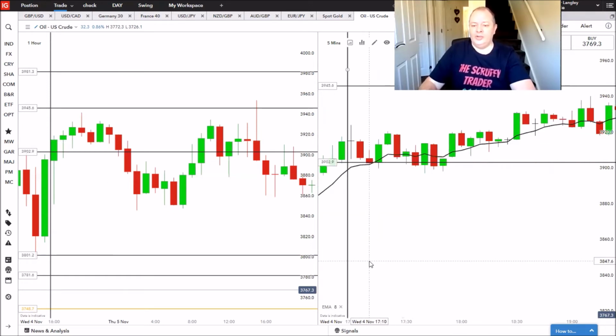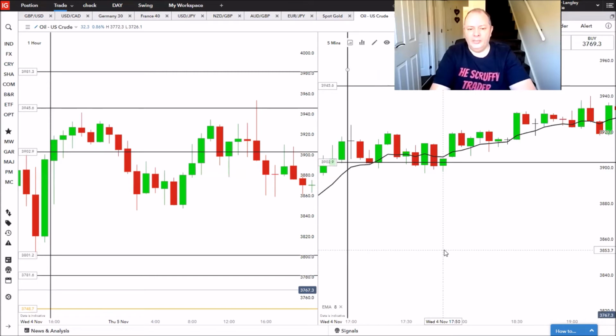And then you sort of watch it. But what are you watching for? Well, you're watching for a test of something that you can use as being tangible. Now, in this instance, it is an 8-period EMA, this black line. And why is the 8-period important?